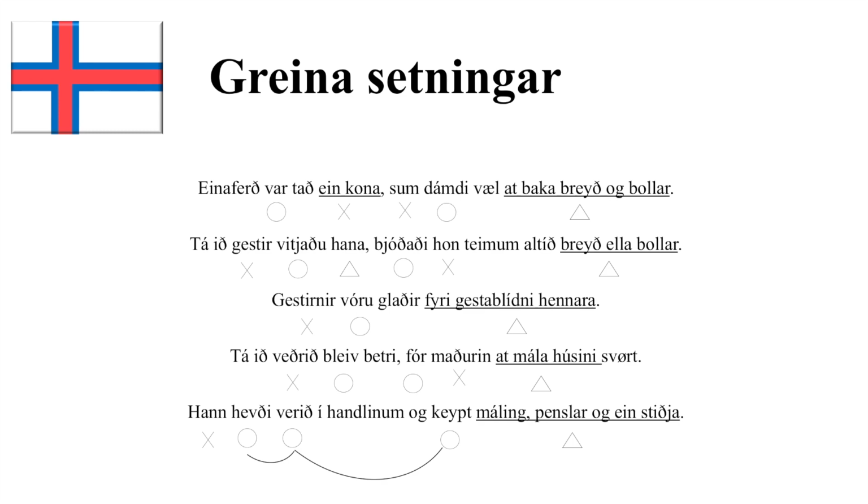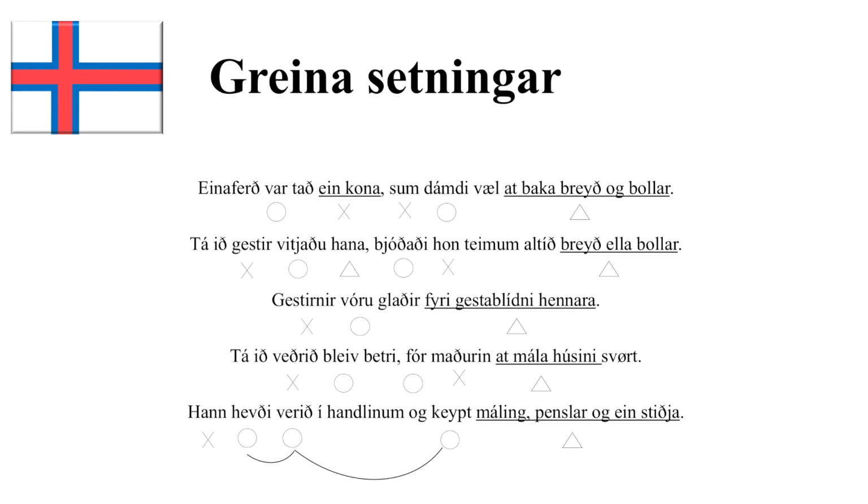The hospitality. Her hospitality. Ta vekkri blei betri for maverin kvön, which sounds a little bit weird, but kvad for maverin, kvön for maverin, mala husene. And then han hei veru I handlunum og kjøpt kvön. What or whom had he bought? Maling, penslar og en stia.